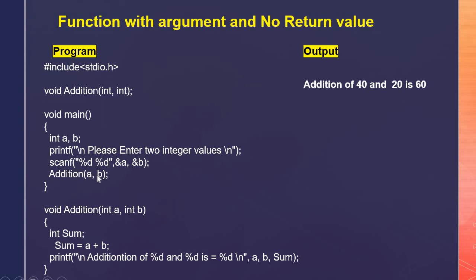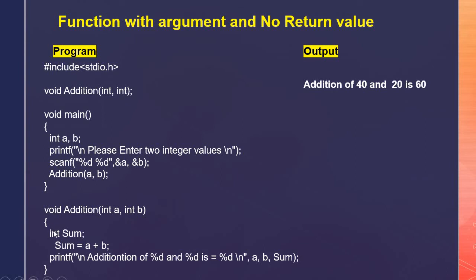As I said before, these arguments A, B are nothing but the actual arguments, and on seeing the statement it will immediately jump over to the void addition int A, int B. So this is formal arguments. This A will be transferred to this variable int A, and the B will be stored in the variable int B. So these are called formal arguments.